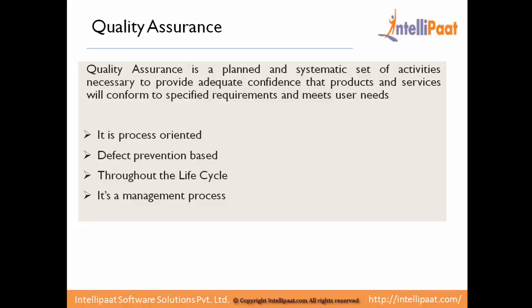Now, why is quality assurance defect prevention based? Because it focuses on preventing the defects from existing rather than trying to report defects and then fix them and then retest and so on.